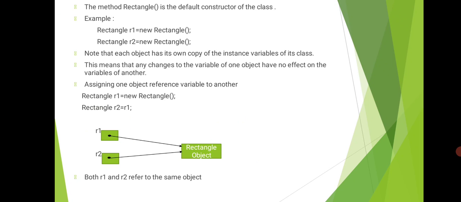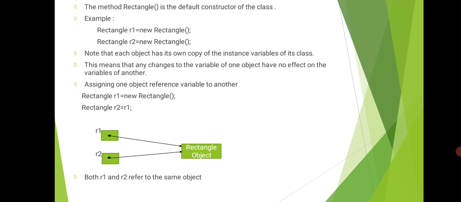We can also assign one reference to another variable. That is, we created R1 using the new operator and we declared R2, but we are assigning R1 to R2. Everything R1 is pointing to is also for R2.